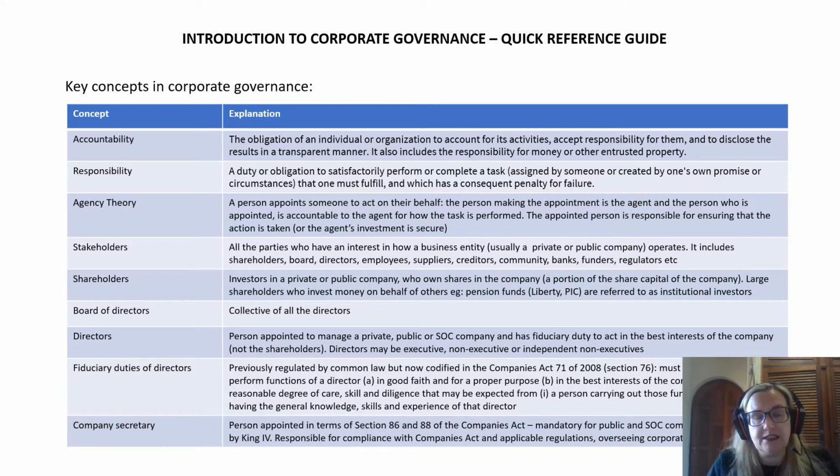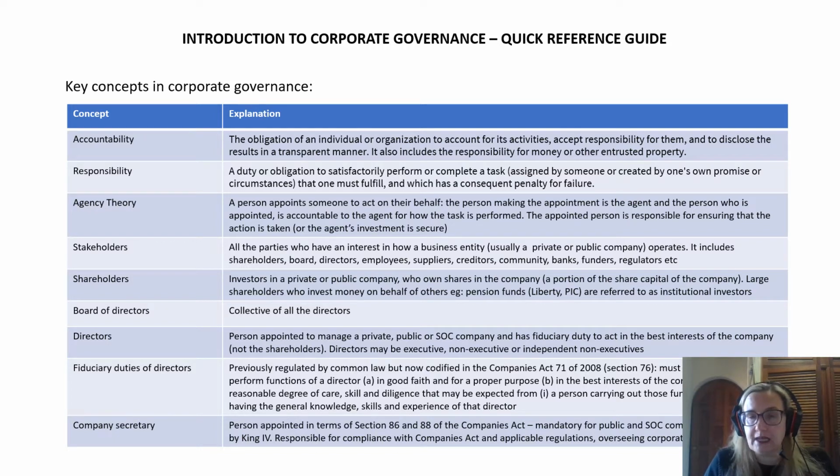The agency theory is where one person appoints someone to act on their behalf. So if you think of a company, the shareholders own the company, but they can't necessarily run it. So they appoint the directors to run it on their behalf. The directors, to some extent, have an agency relationship with the shareholders in respect of the company.